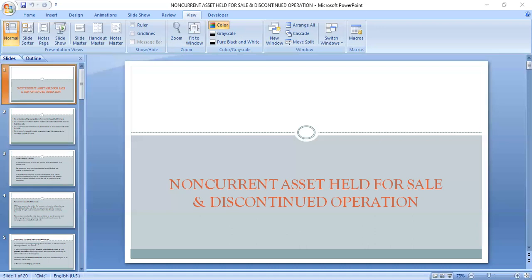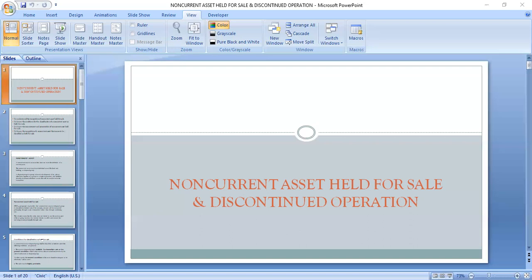Now, the definition of highly probable. For the sale to be highly probable, the following must be met. Management must be committed to a plan to sell the asset, and an active program to locate a buyer and complete the plan must have been initiated. The sale is expected to be completed within 1 year from the date of classification as held for sale.